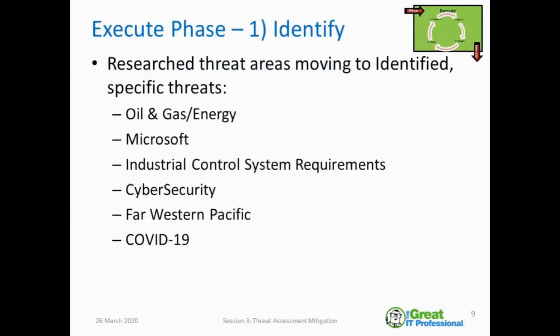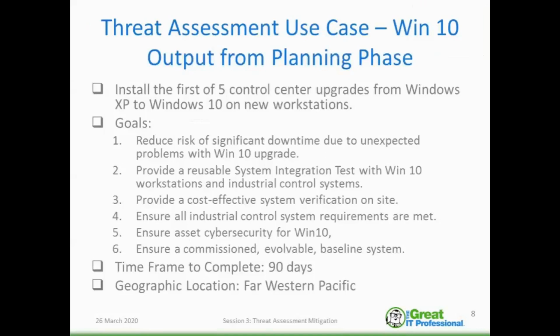And in the identify stage, we looked at threat areas, and in our case, it was oil and gas, Microsoft, and so on. And these were taken directly from the threat assessment. So we looked at the threat assessment, we processed that, and we found that these were the areas that we identified.